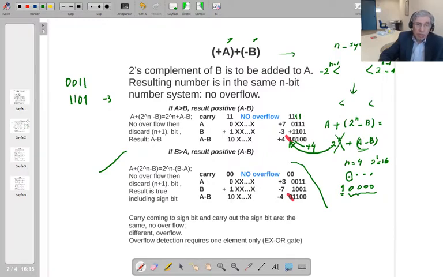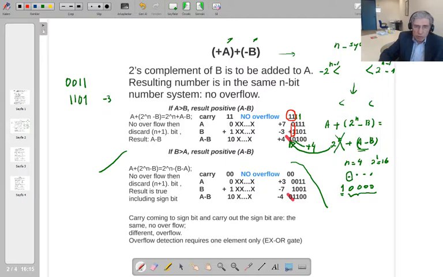So you can see the overflow case by the carry bit coming into the sign bit and the carry bit coming out of the sign bit. So the rule is: look at the carry bits coming to the sign bit and coming out of the sign bit.